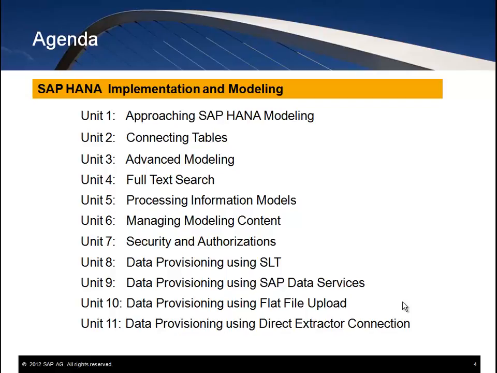Then unit number 2, Connecting Tables, where we look at the different kinds of joins, advanced modeling techniques, full text search, processing information models, managing modeling content, security and authorizations, and then how to load data into SAP HANA, where we have 4 options: data provisioning using SLT, SAP Data Services, flat file upload, and direct extractor connection.